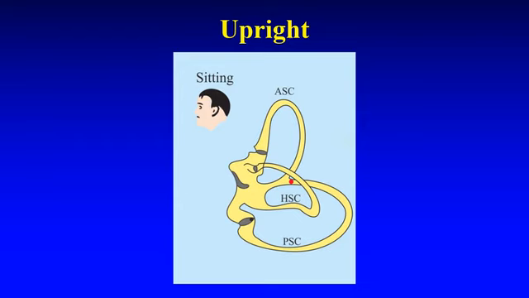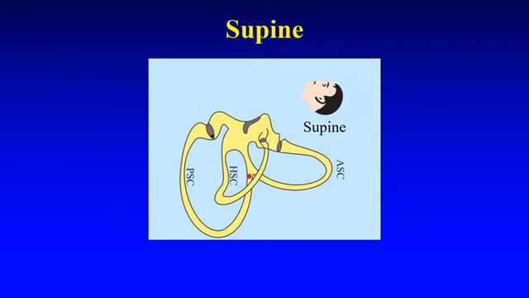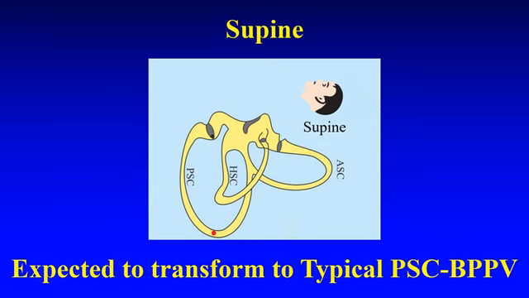This is the left membranous labyrinth of this gentleman, and in red you see the otoconal debris in the non-ampullary arm near the crus commune. As the patient lies down, it is expected to fall backward and thus transform to typical posterior semicircular canal BPPV, but it doesn't happen so.